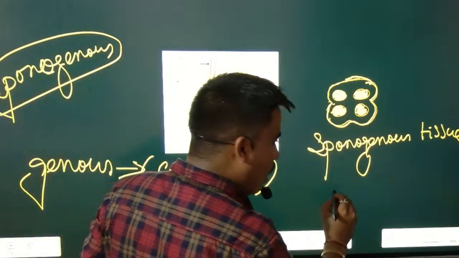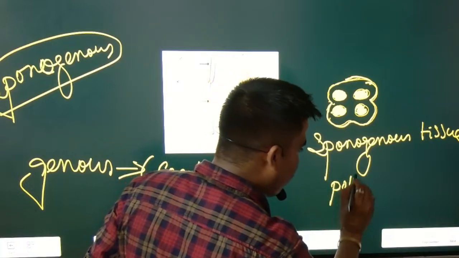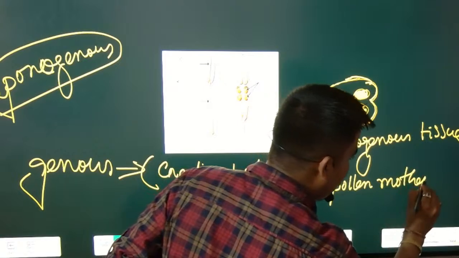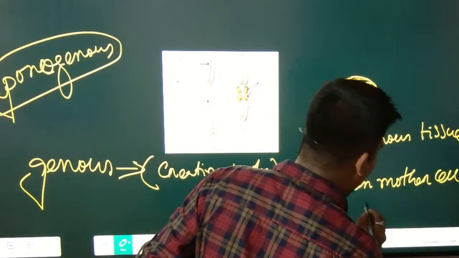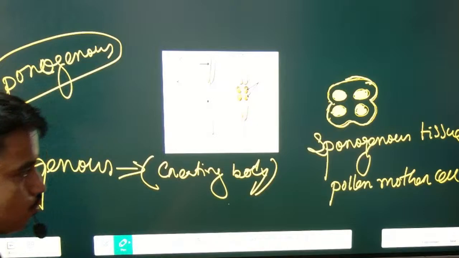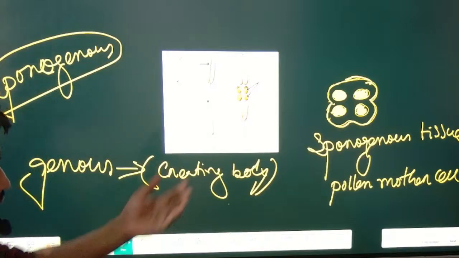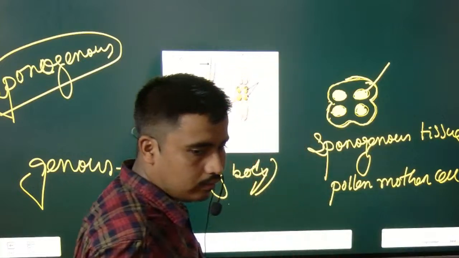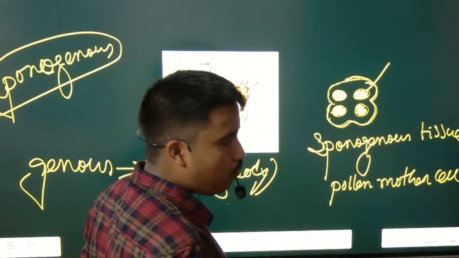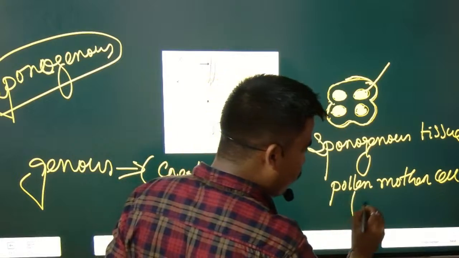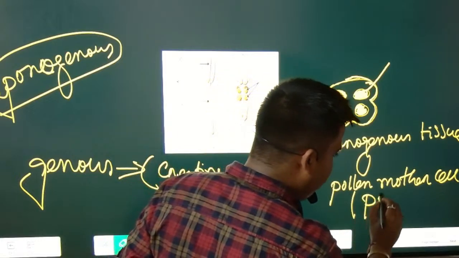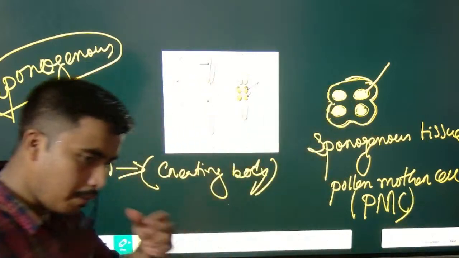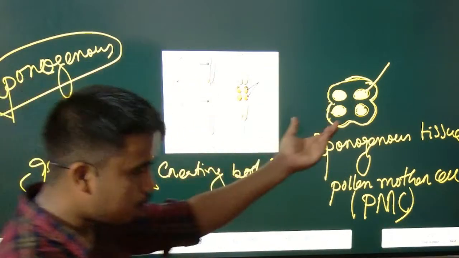The cells are called pollen mother cells. Why is it called mother? As a mother generates what? Babies. So as this cell will produce a baby called pollen, that is why it is called pollen mother cell. And simply it is called PMC. Pollen mother cell. Okay. So write it down. This portion only.